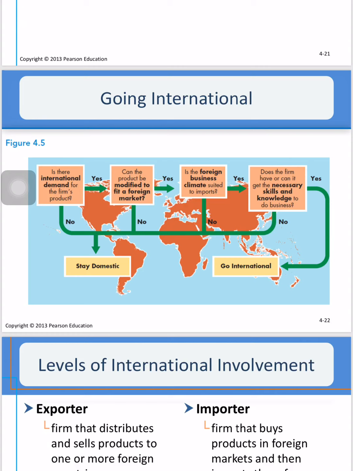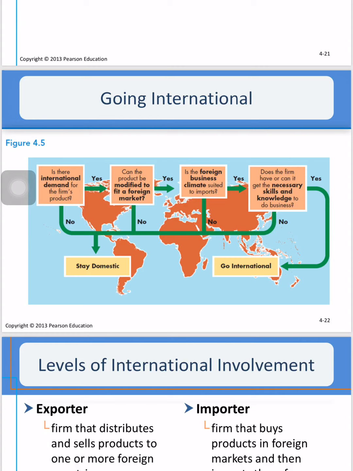Not every business is prepared to go international. A major decision factor is the business climate of other countries. The factor is gauging international demand, which is the foreign demand for a company's product, which may be greater than, the same as, or weaker than domestic demand.